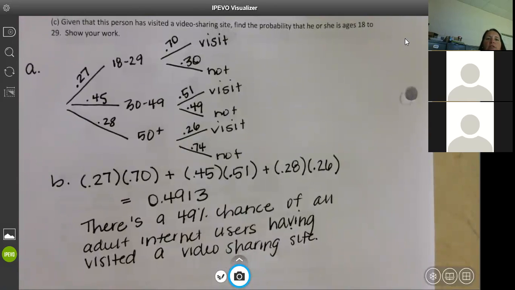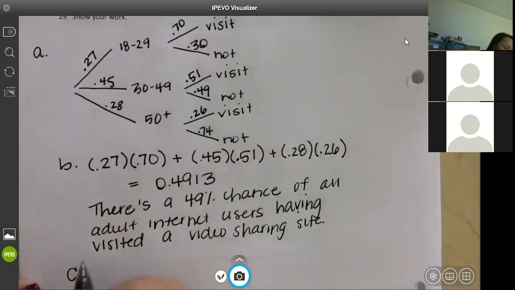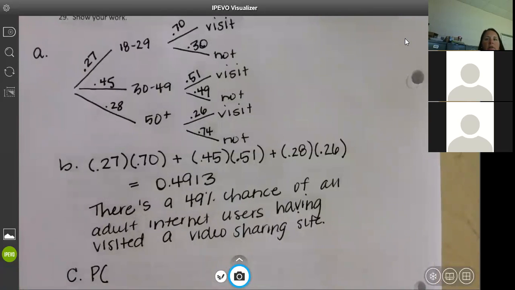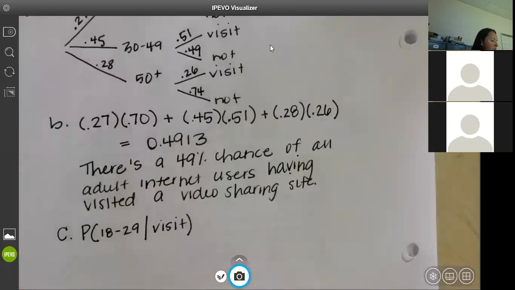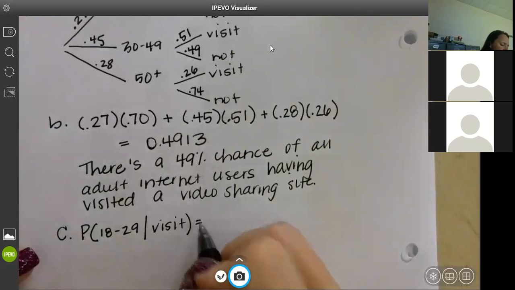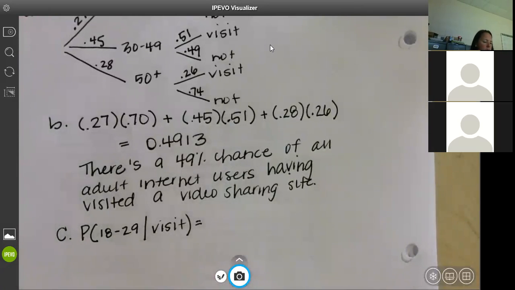So given that this person has visited a video sharing site, find the probability that he or she is ages 18 to 29. So how would I write that? The probability of 18 to 29, given the visit. So what is our actual formula for that?